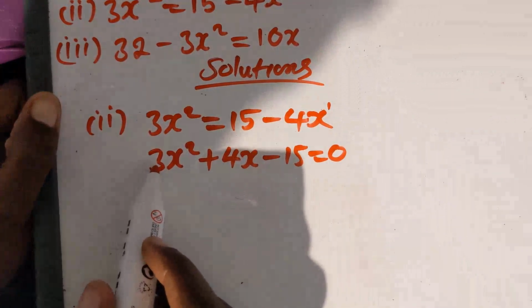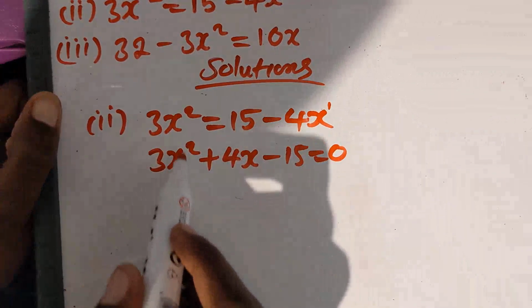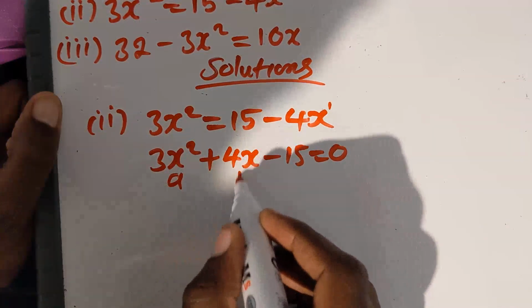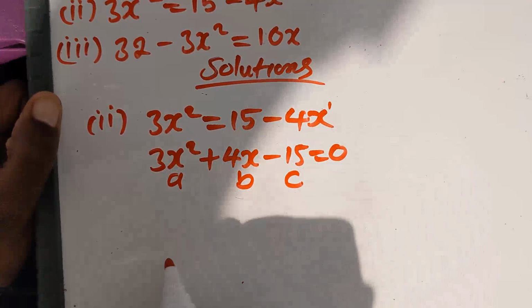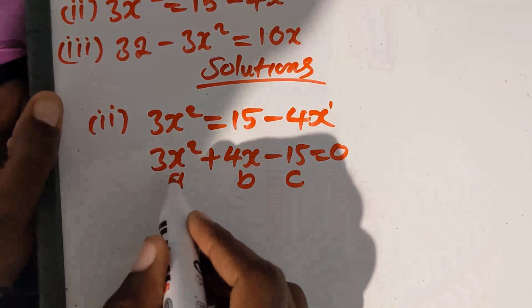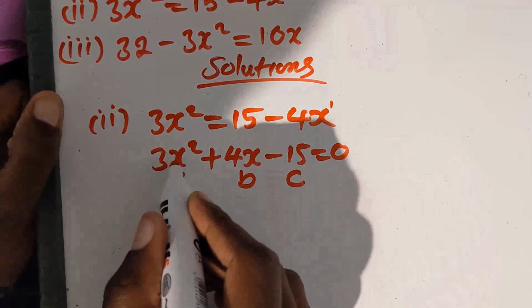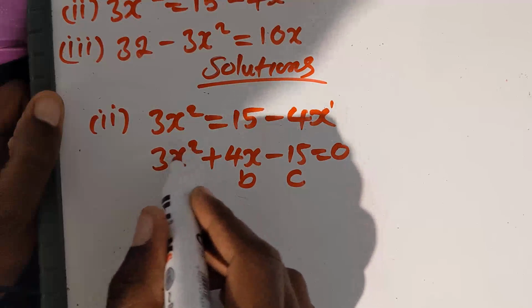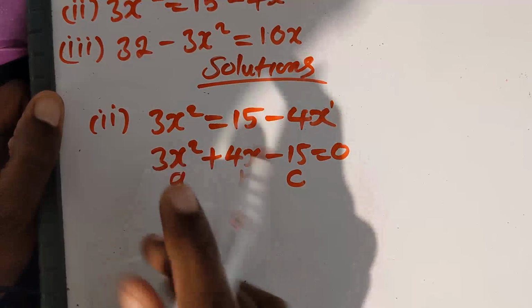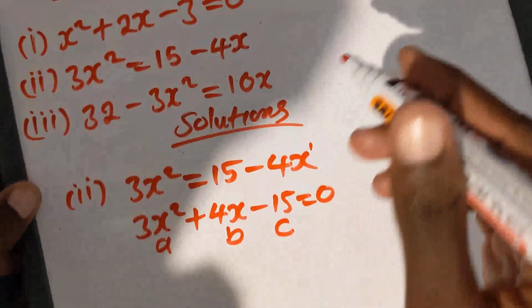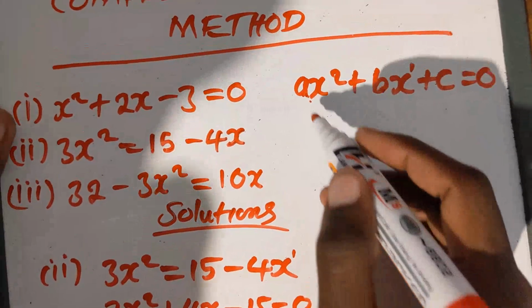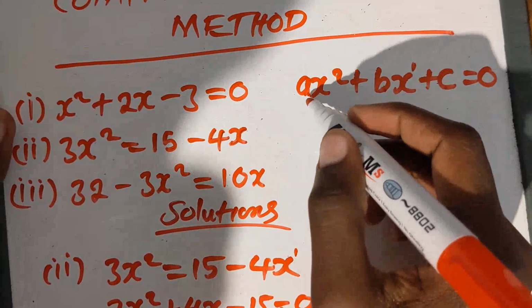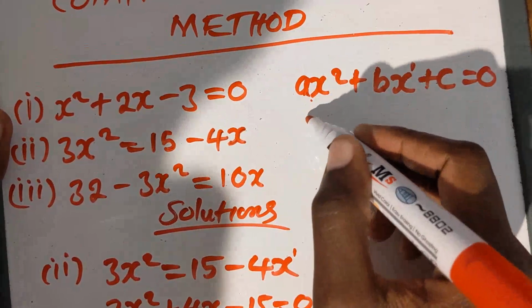So this is our A here, this is our B, this is our C. The number that is attached to x squared is 3 here.